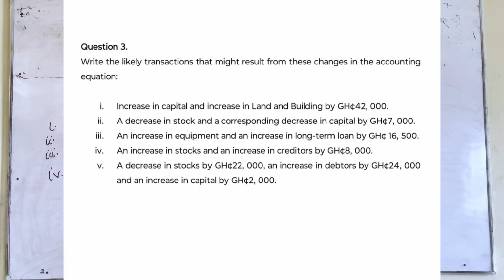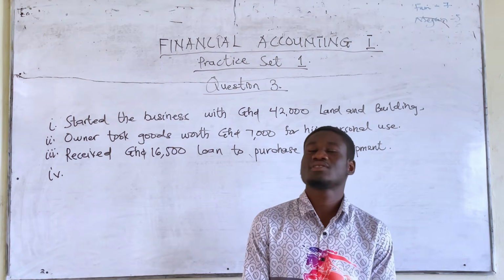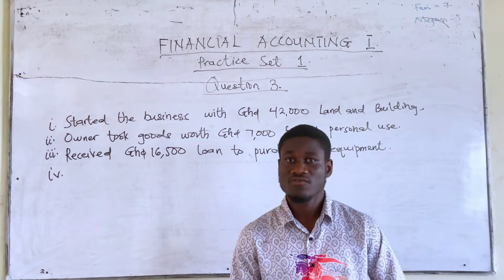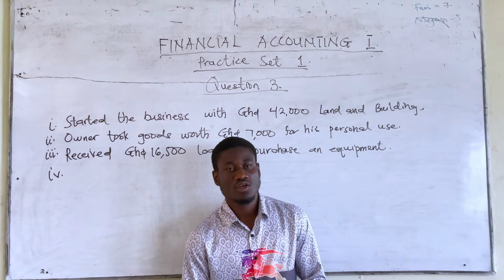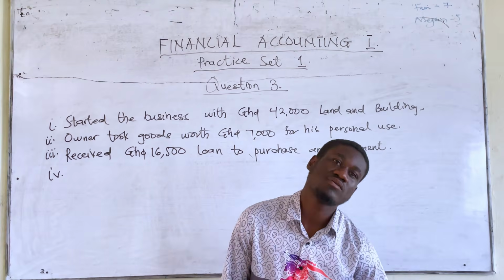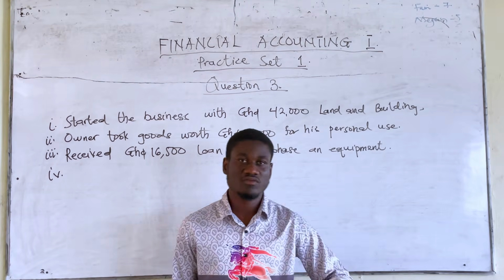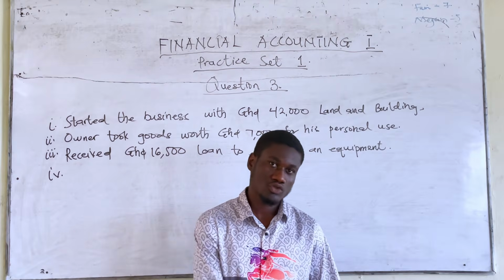Ivy says an increase in stocks and an increase in creditors by 8,000. So what will make our stock increase and at the same time make our creditors increase? We can see that we purchased on credit from our creditors. If we have zero amount of stocks and now we purchase from our creditors, our stock will increase.